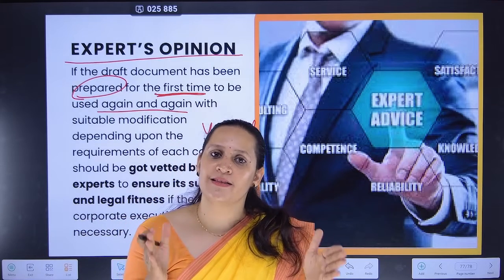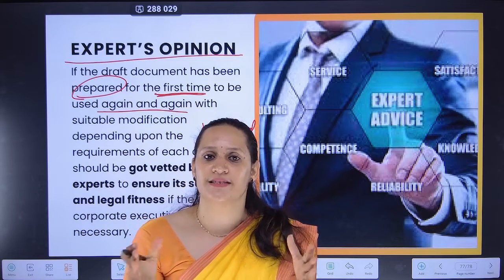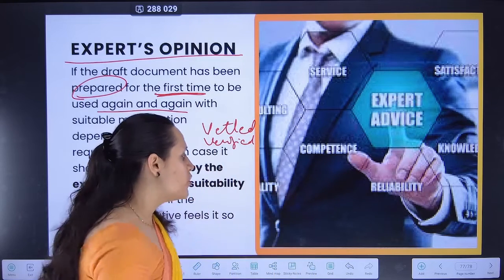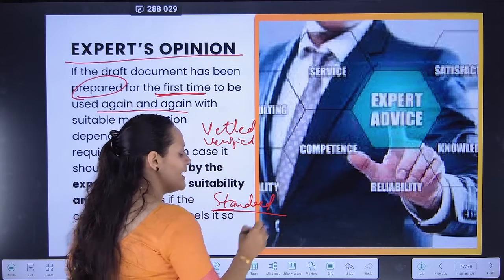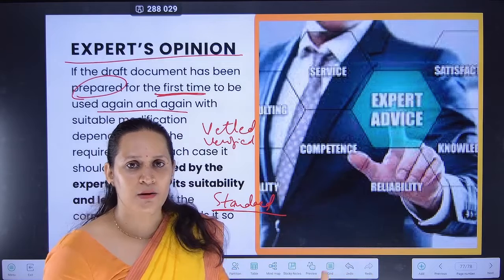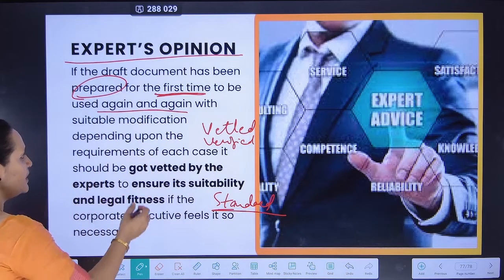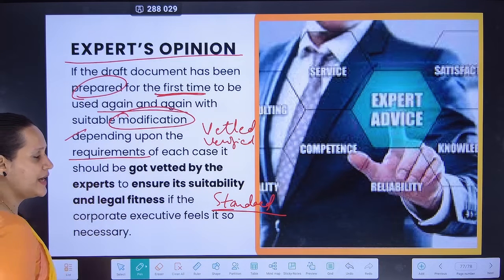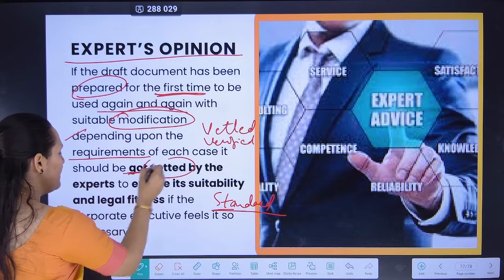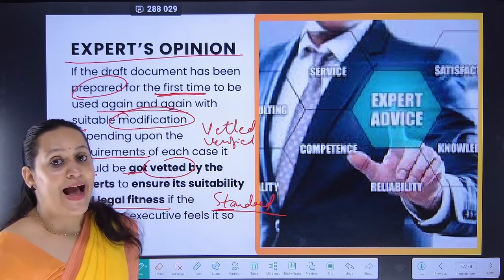So when you know that the same document is going to be used multiple times, time and again, the same format, that is called a standard contract. If that is going to be a standard contract or a standard agreement, it is better that we get it vetted from an expert, who can give you suitable modifications depending upon the requirements of each case.